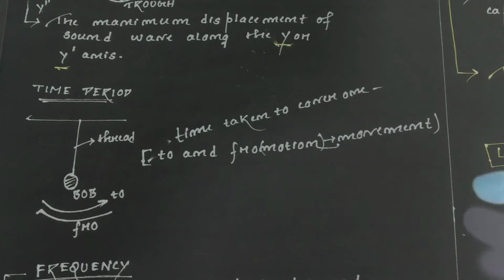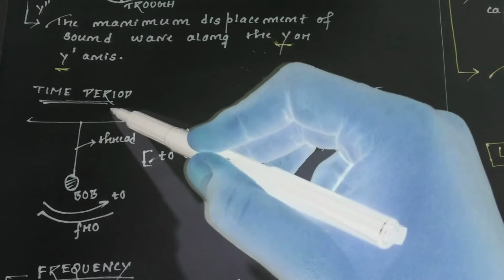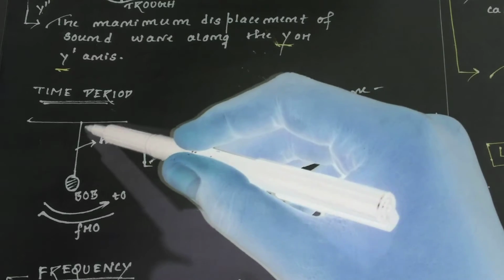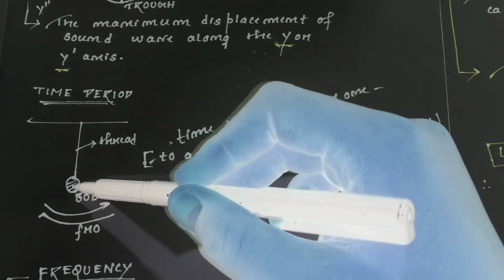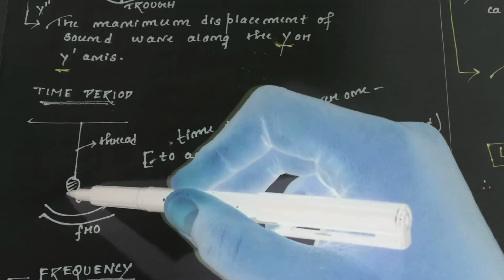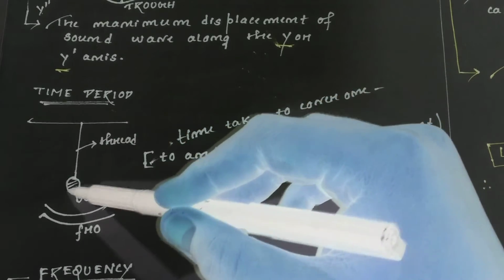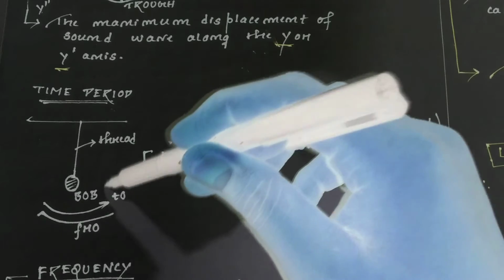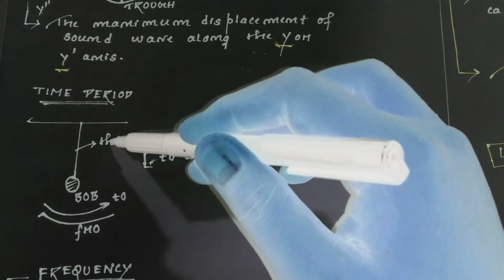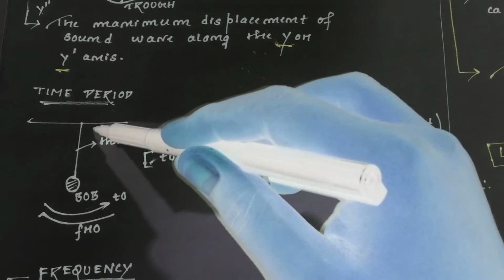Now if we take an example of what time period is, you can see here a bob, here's a pendulum drawn. It's a simple arrangement with a fixed portion, a thread, and a weight. The weight is called the bob, this is the thread, and this is a fixed position.